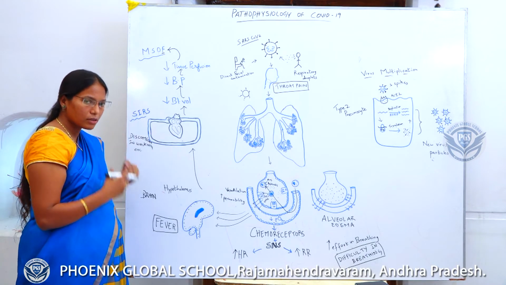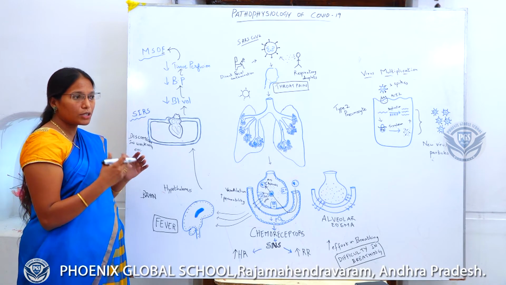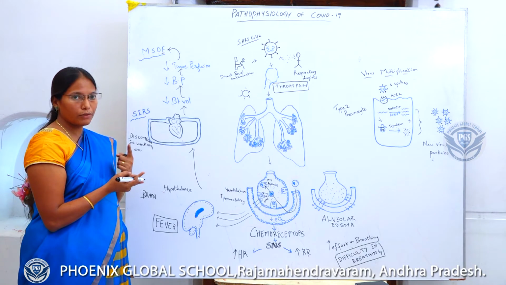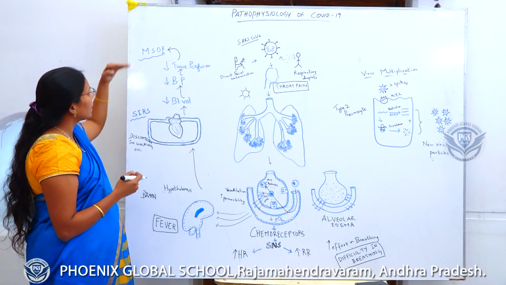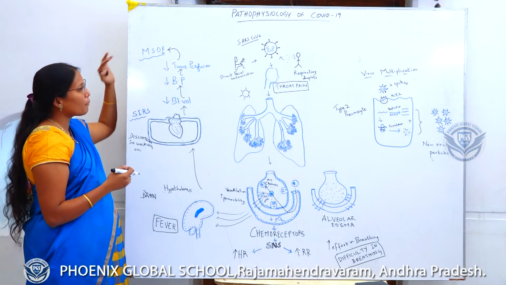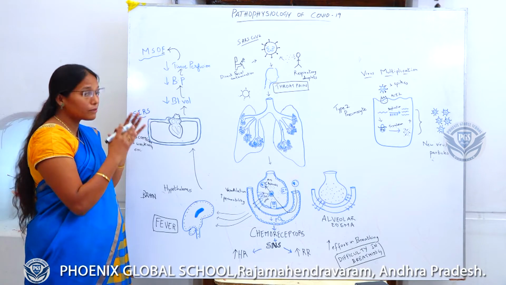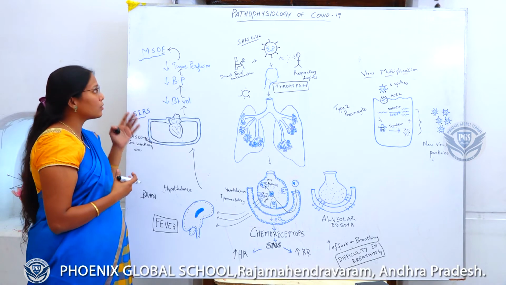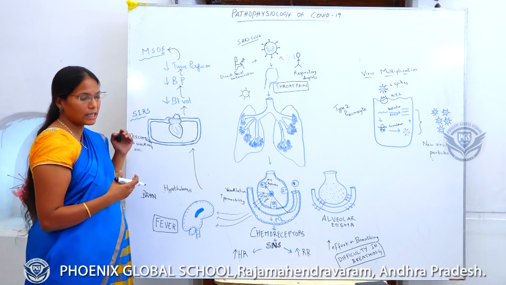The blood pressure became low, then the tissue perfusion is low. The tissues are not having enough blood, not enough oxygen. So what happens? They fail to work. So the next condition is multi-system organ failure. All different organs, different systems in our body, start to stop functioning. So this is the final stage, I can say.